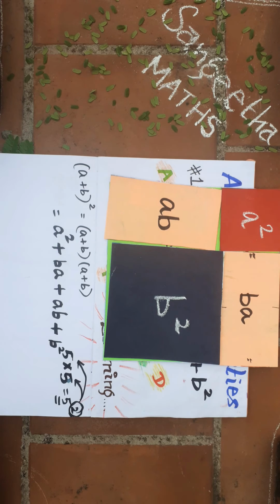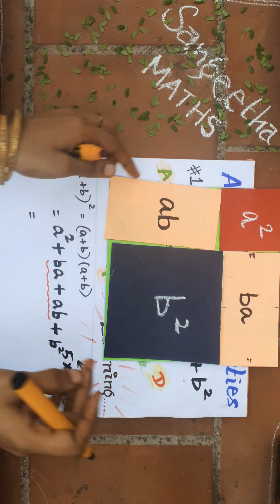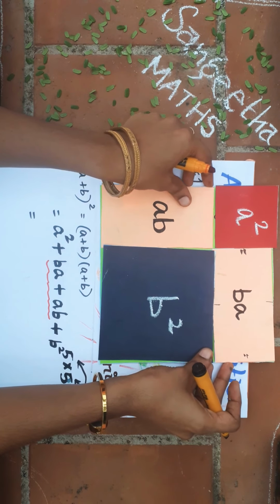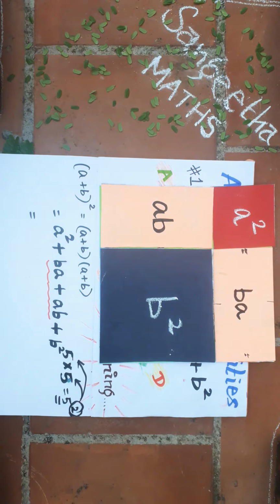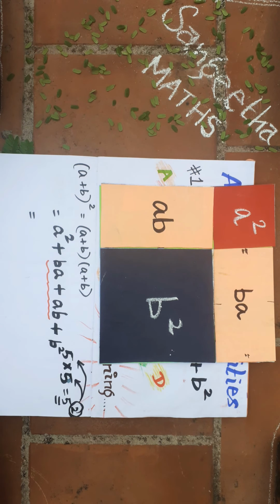Before identities you would have come across algebraic expressions. Here we have like terms AB and BA. We know AB is the same as BA. Why? Because multiplication is commutative. Five 3s are 15, 3 5s are also 15. So AB is the same as BA, like XY is the same as YX.